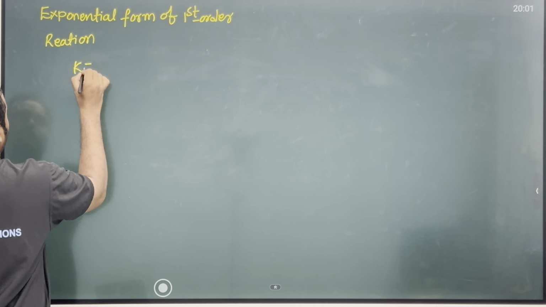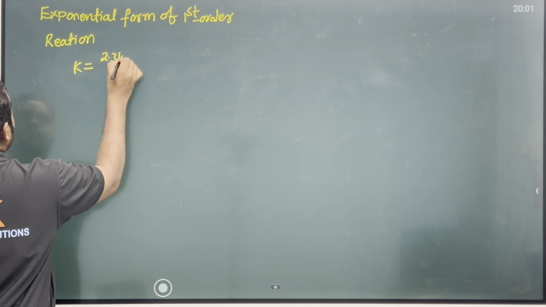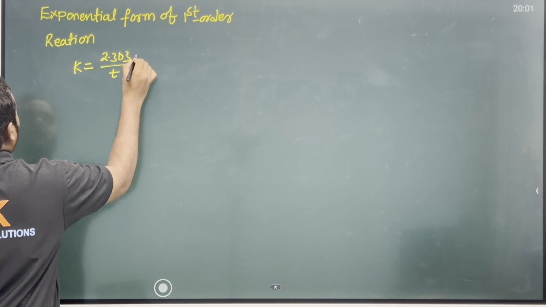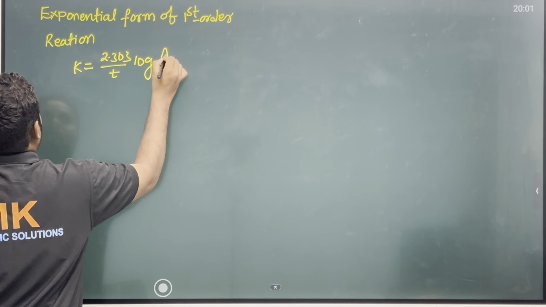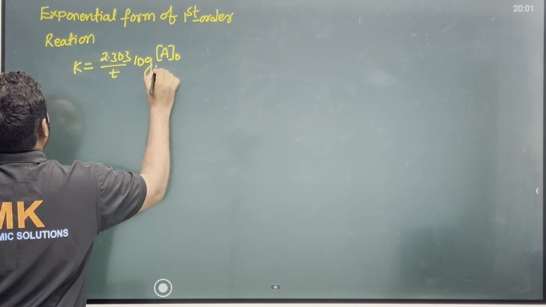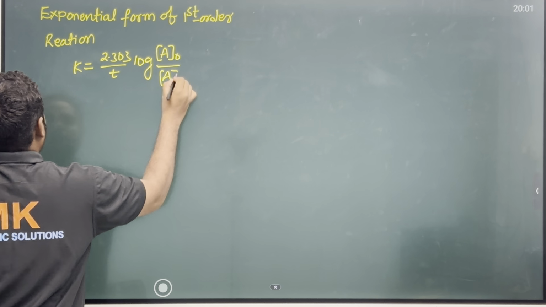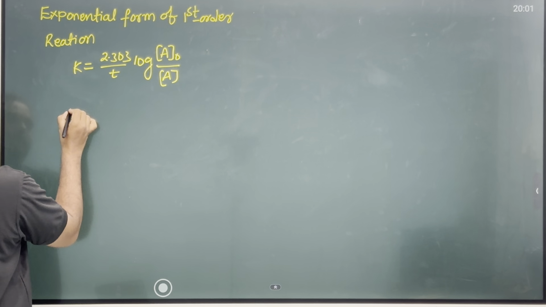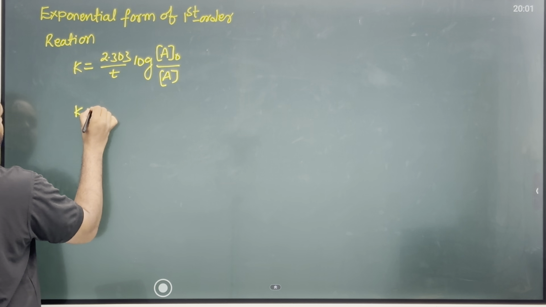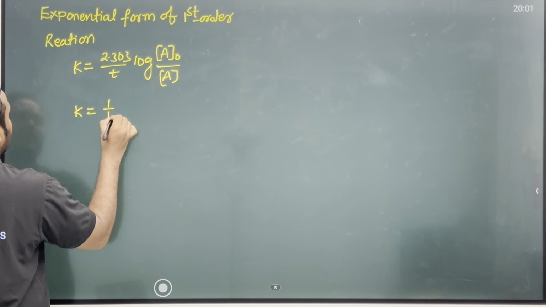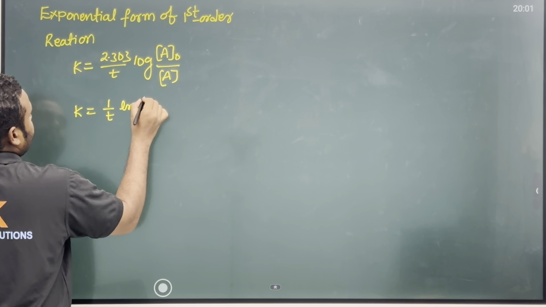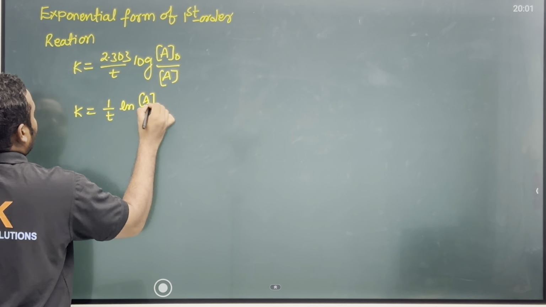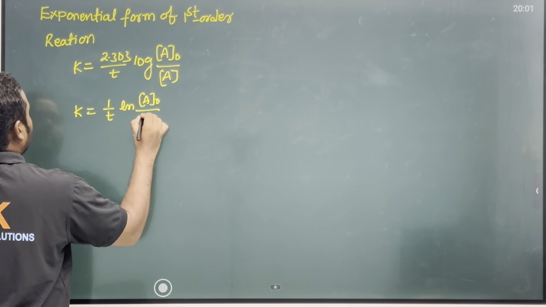K is equal to 2.303 by t log A naught by A. So now again you write it in the ln form. In the ln form, how are we getting it? K is equal to 1 by t ln A naught by A.